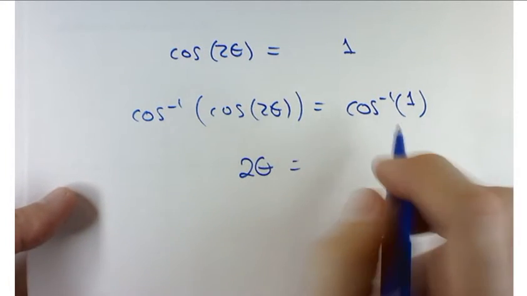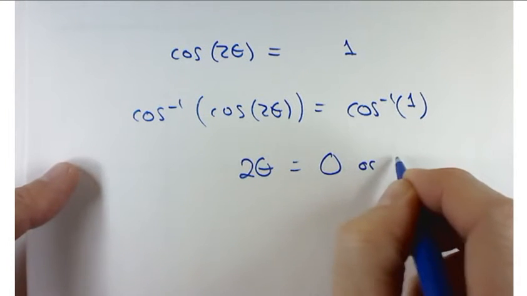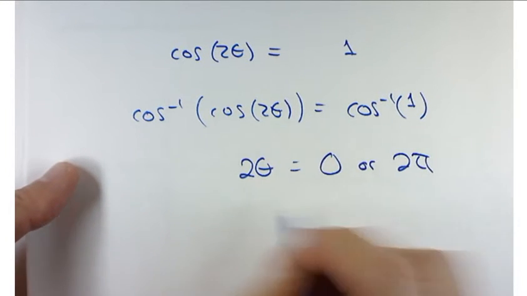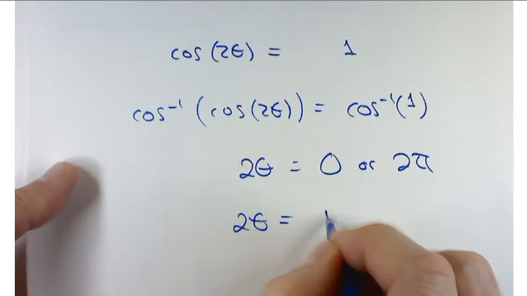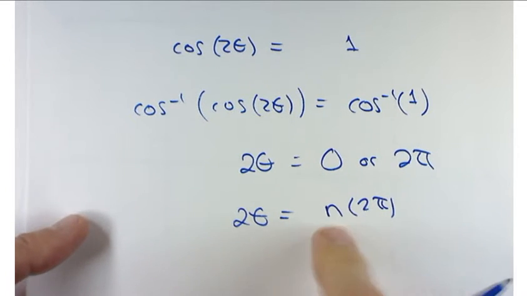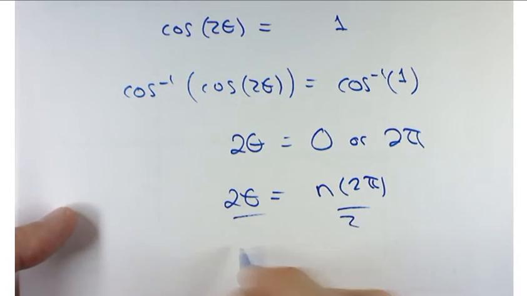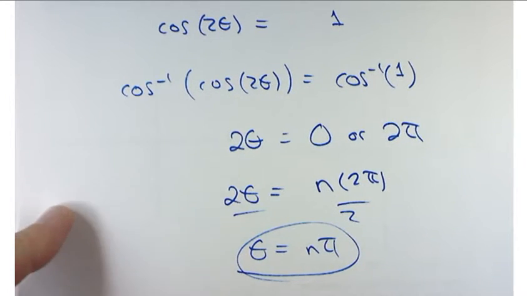On the right-hand side, where does cosine equal 1? Well, 0 or 2 pi. Or if you want to do it generally, 2 theta equals multiples of 2 pi, any integer multiple. Divide both sides by 2. Basically, theta is a multiple of pi. That would be the solution to something like that.